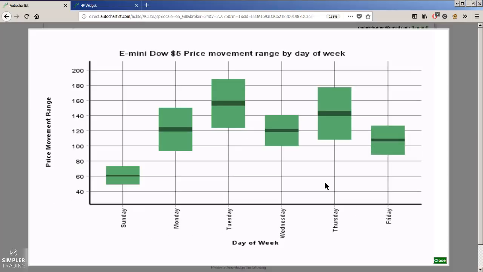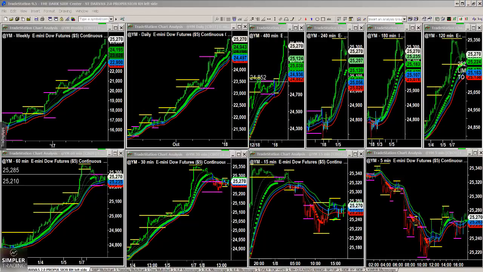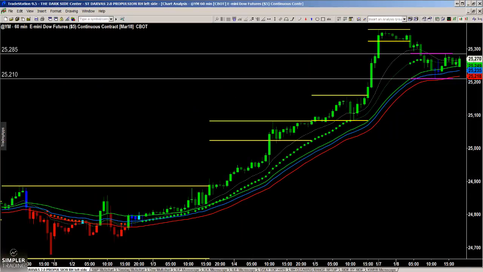People who have really made this a part of their daily trading regimen have realized it's the closest thing to X-ray vision you're going to have in the markets. It's an evolution of ATR. It's really much stronger than ATR, but it's a historical price movement range rhythm. And using this data and data specific to the day of the week, we calculated that 25,210, and we're still long from that level. And we're managing that with the 60.